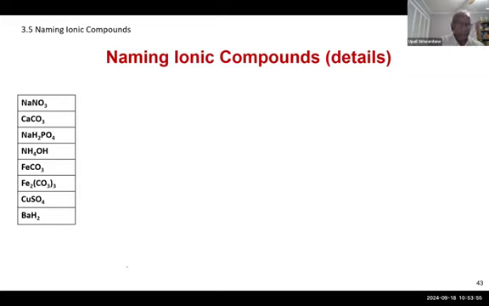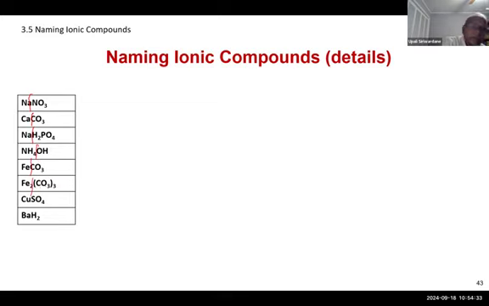Now let's do a complete review of this. What is the sodium ion here? Name is sodium and nitrate. Calcium and carbonate. Sodium dihydrogen phosphate. Ammonium hydroxide. Iron 2 carbonate. Iron 3 carbonate.